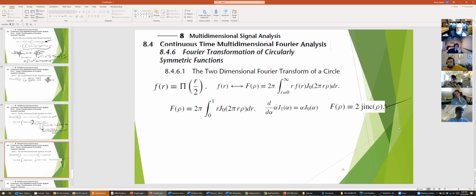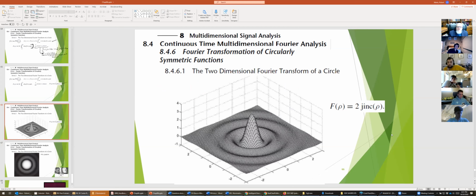You can see why it's called a jinc now. If you Fourier transform a rectangle, you get a sinc. If you Fourier transform a circle, you get a jinc. So it's a J1 of x over x sort of function. And this is what it looks like. This is f of rho equal to 2 jinc of rho.